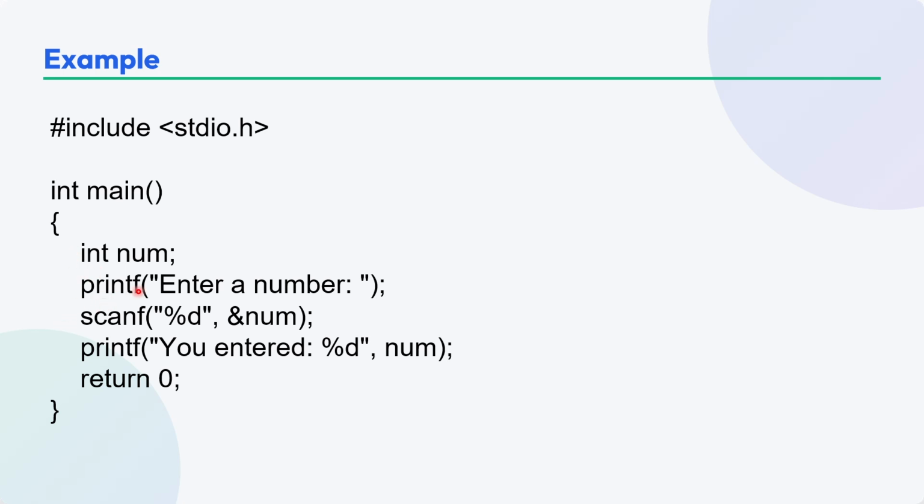Then a printf message, enter a number, is printed. Then it has used scanf. Percentage d is used when an integer value is initialized. For character we use percentage c, and likewise for every data type there are different format specifiers.